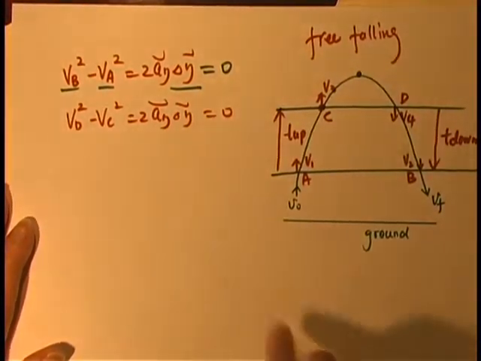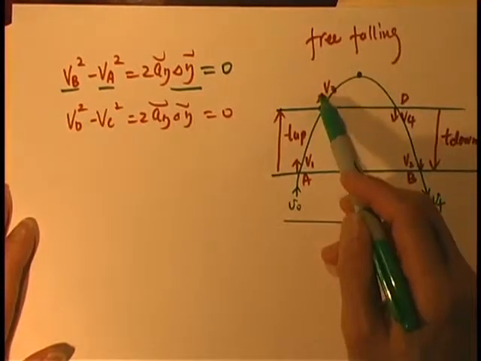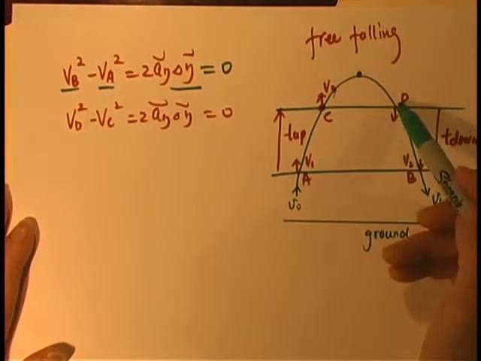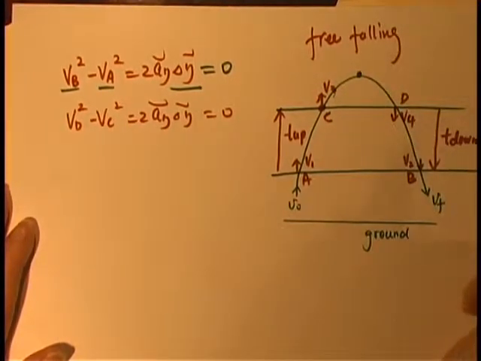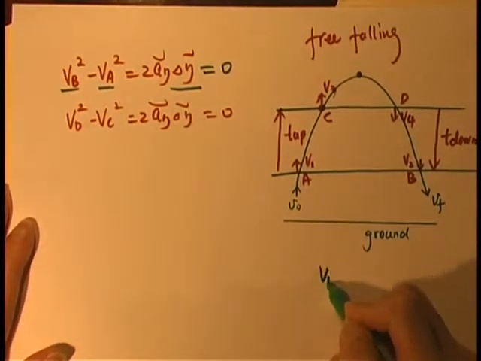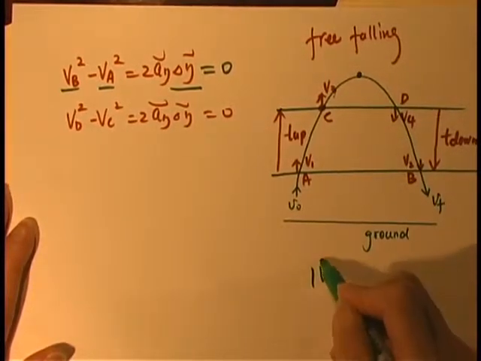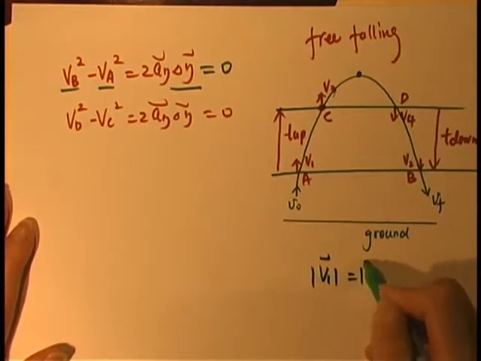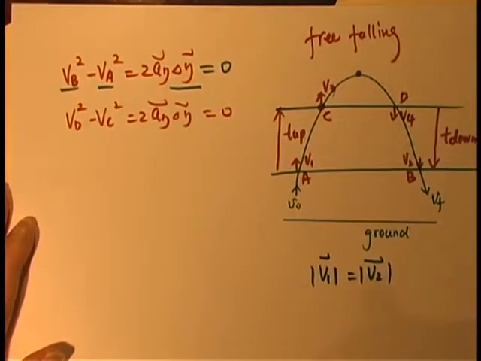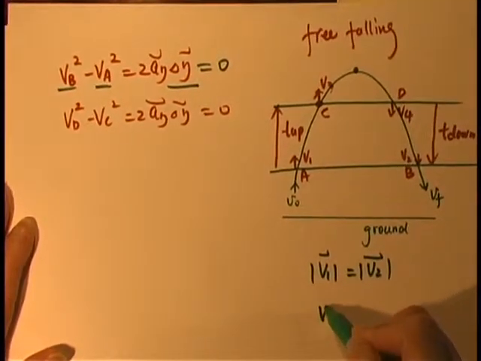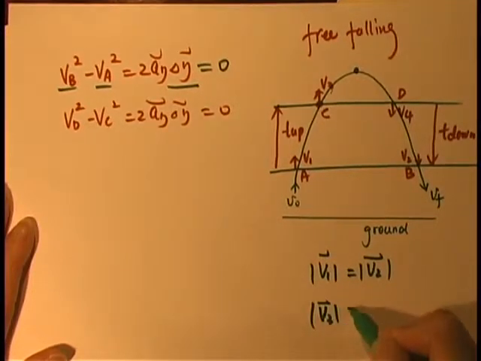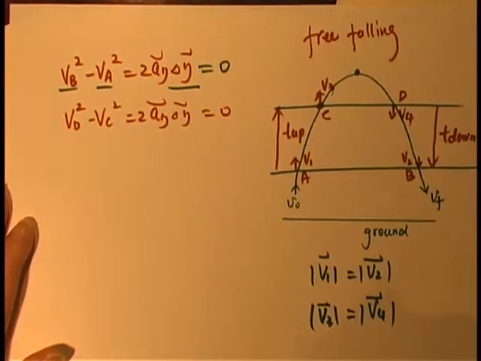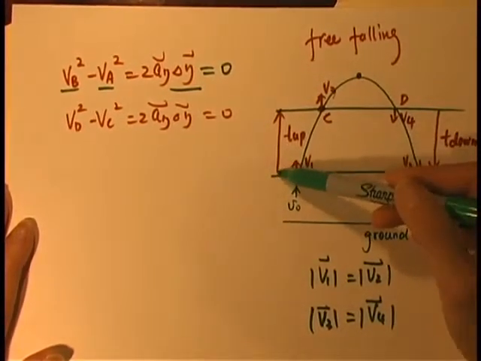So the V at C, which is V3, equals the V at D, which is V4. So what we have is V1, magnitude-wise, equals V2, but direction-wise they're opposite. V3 equals V4, right? With this, we can easily prove that T up equals T down.